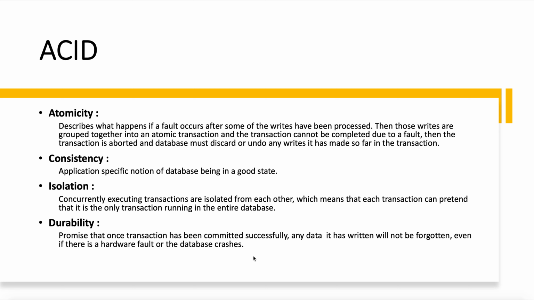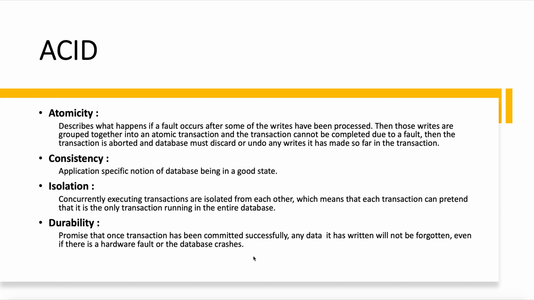In the context of ACID, atomicity describes what happens if a client wants to make several writes but a fault occurs after some of the writes have been processed. For example, consider that you are writing some data to a database and the disk becomes full, or the network connection goes down, or some constraint, like a foreign key constraint or some integrity constraint, is violated.